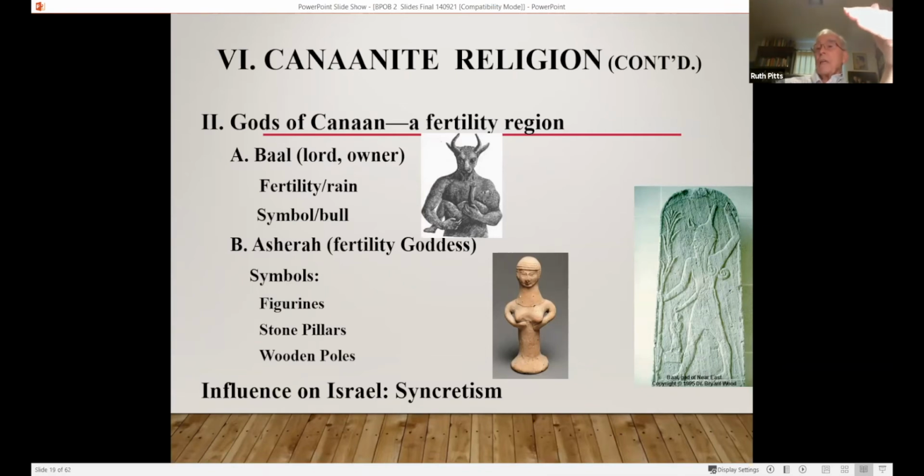This is a figurine of Asherah, which the archaeologists found. There are also stone pillars and wooden poles. You can see this woman. The base of this looks sort of like a tree, and then, of course, her large breasts and so forth suggest the fertility.